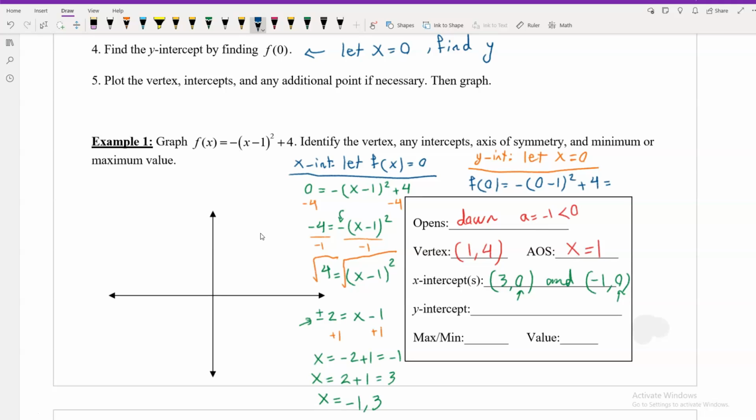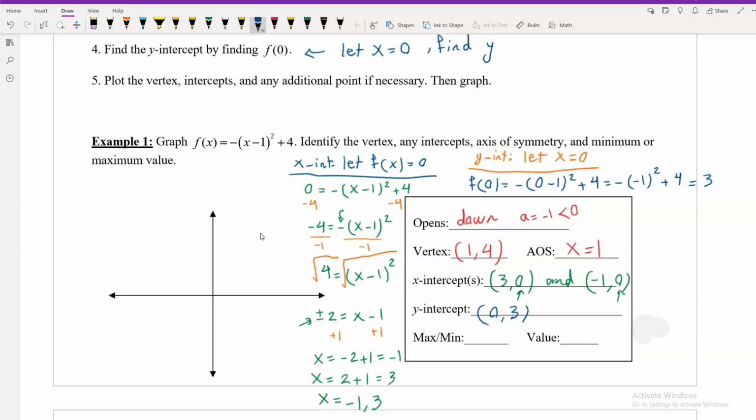So that is equal to negative (negative 1) squared plus 4. Negative 1 squared is positive 1, times negative is negative 1. Negative 1 plus 4 is positive 3. So here we have 3 when x is 0. (0, 3), that is the y-intercept.